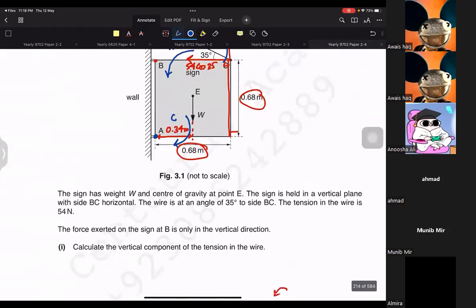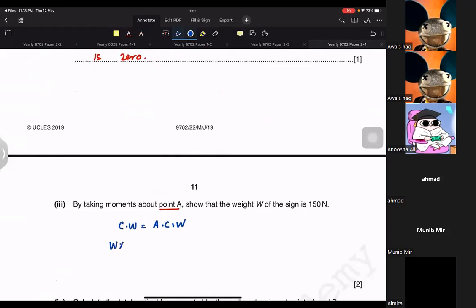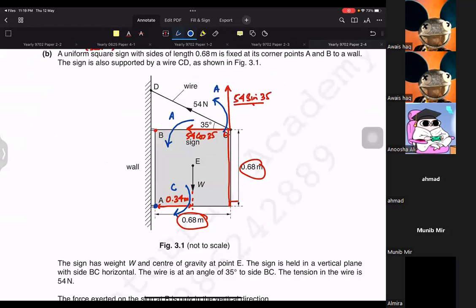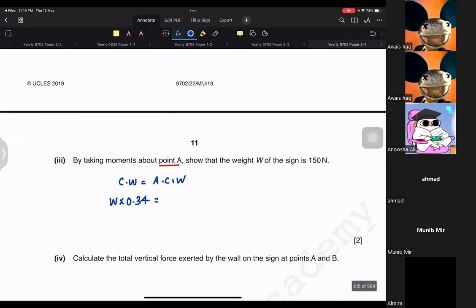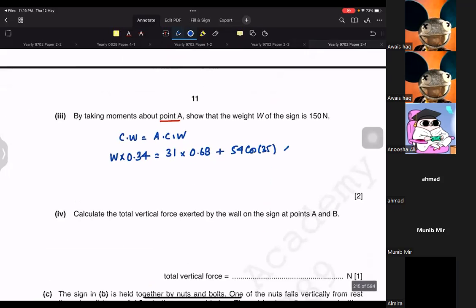The clockwise force was W times 0.34. And that was 54, 31. 31 times 0.68 plus 54 cos 35. I think it was 35. Yeah, times 0.68.